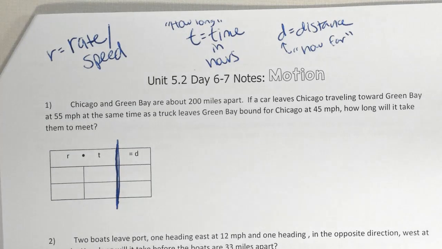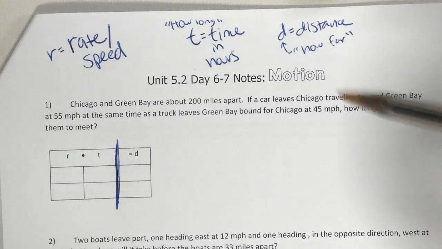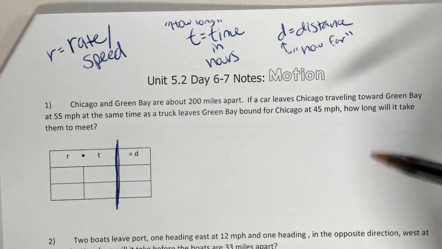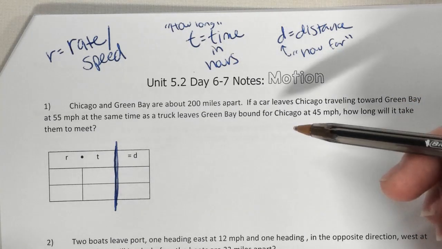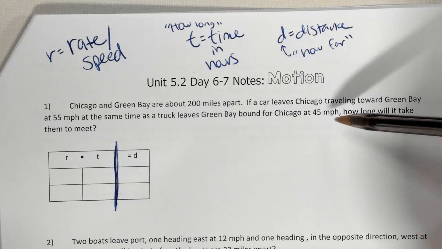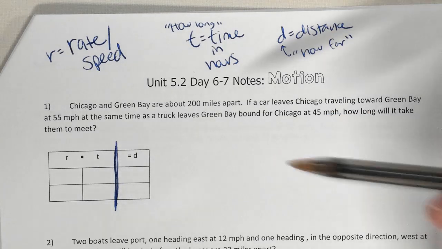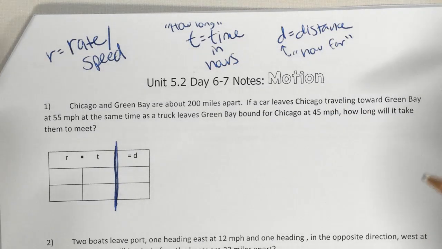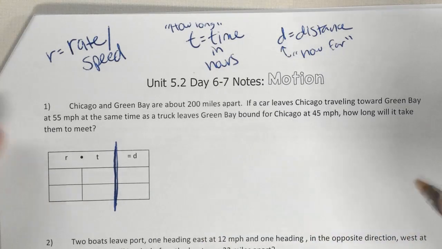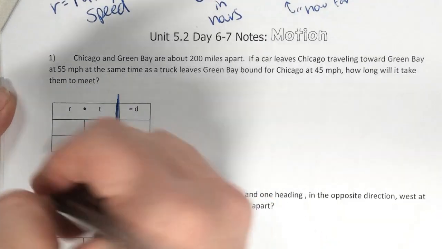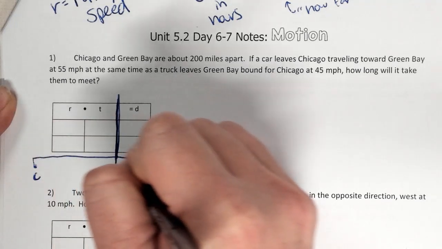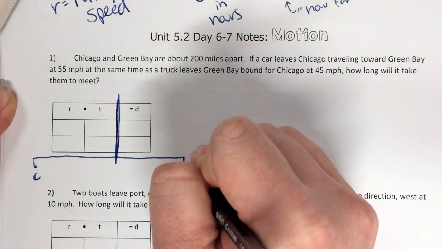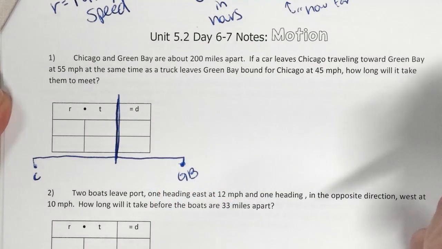It says Chicago and Green Bay are about 200 miles apart. If a car leaves Chicago traveling towards Green Bay at 55 miles per hour, at the same time a truck leaves Green Bay bound for Chicago going 45 miles an hour, how long will it take for them to meet? Okay, so to reel all that in, we know that we have Chicago and we have Green Bay, right?